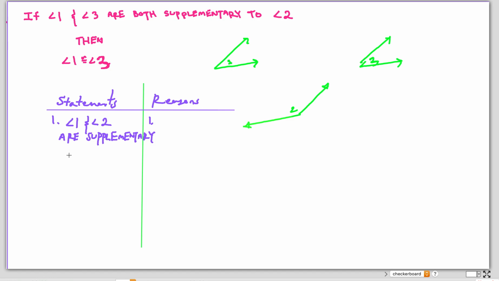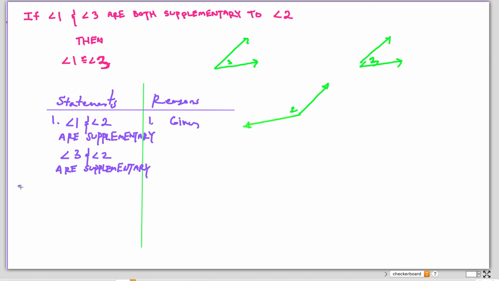And you also say that angle 3 and angle 2 are supplementary. And this is what's given.